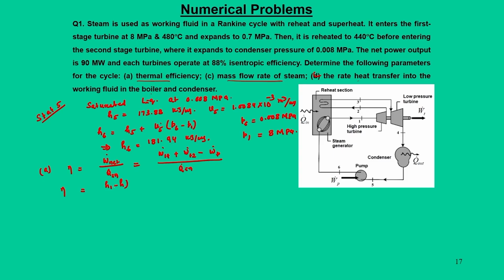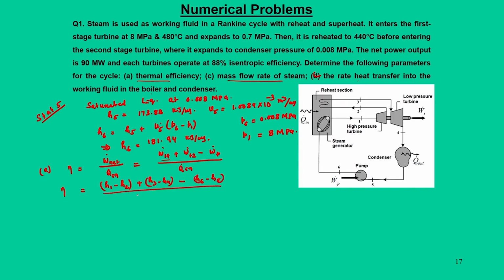If you write down each of the terms, the turbine work has two parts. For the first stage turbine, it is h_1 minus h_2. For the second stage turbine, it is h_3 minus h_4. For pump work, it is h_6 minus h_5.